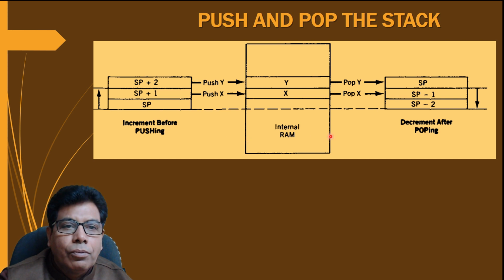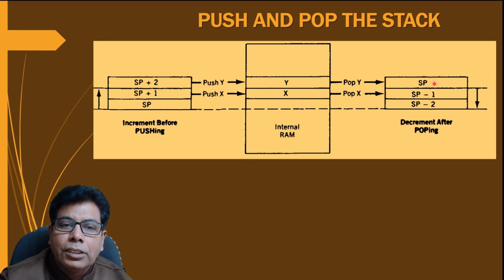Then the pop operation. Now already we have pushed these two elements X and Y, so the stack pointer will now be at this location. Now when we pop, the data is retrieved first and then it is decremented by 1. So the decrement will take place after popping.